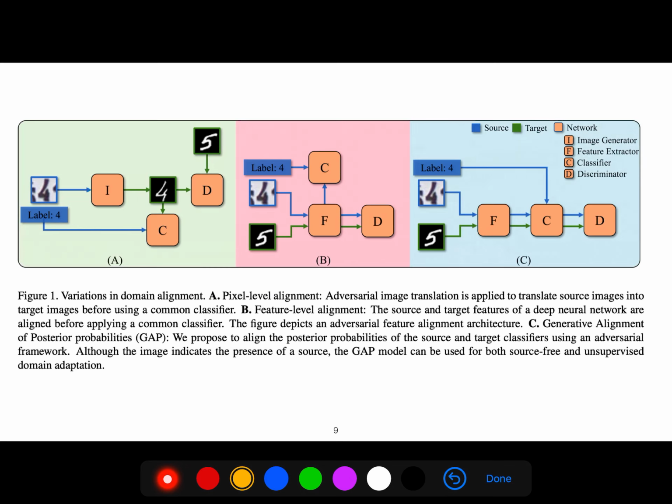So you see variations in domain alignment. In A, you will see a pixel level alignment. Adversarial image translation is applied to translate source images into target images before a common classifier.